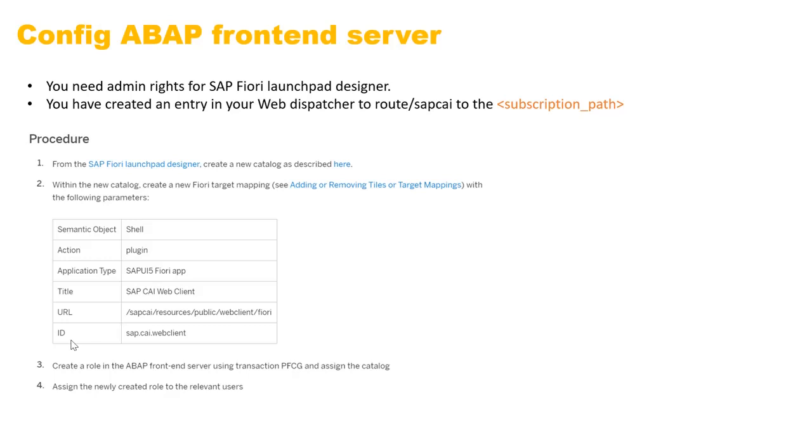And after having the catalog and target mapping ready, we can go to our ABAP frontend server, create a new role using the PFCG transaction, and assign the same catalog that we created in our previous steps. Now assign the role to the relevant users.